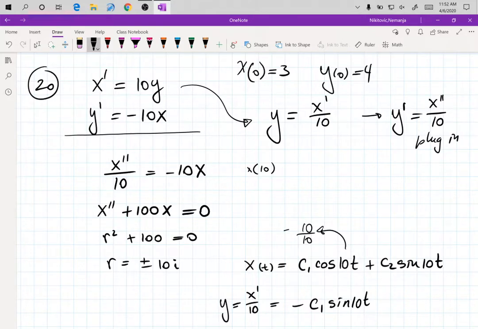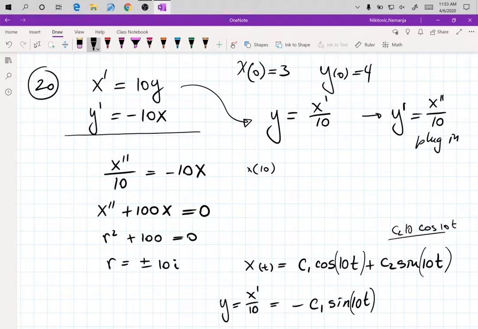So we only get negative c1, right? I hope that makes sense. Then the derivative of sine is cosine, so there will be 10 c2 cosine 10t, but I have to divide it by 10. So I'm just getting c2 cosine 10t.